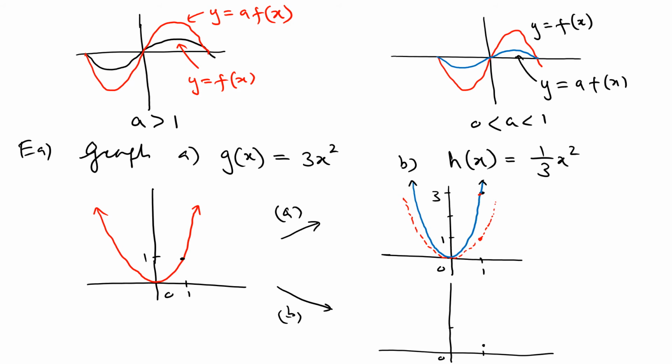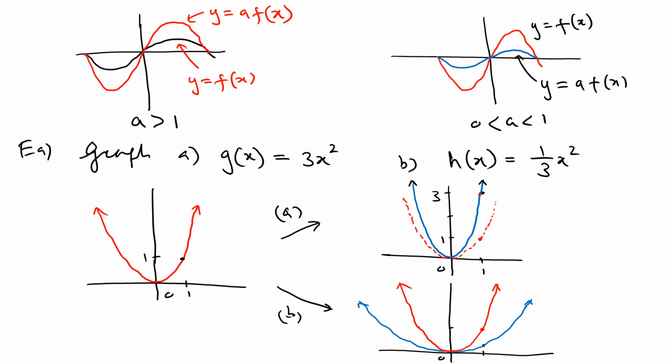If you graph the new one, it's going to go like that, and on this side also going to go like this. Good. So that's the new graph, and if you also draw the old graph, it goes through that point. That's the old one, that's the new one.